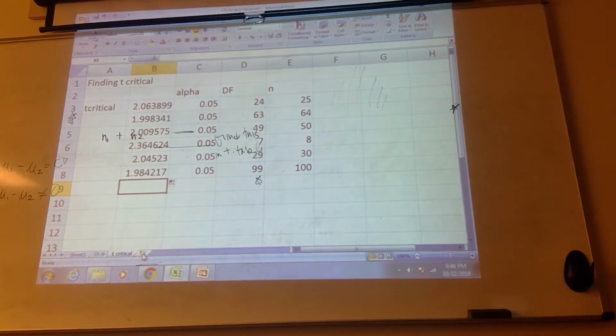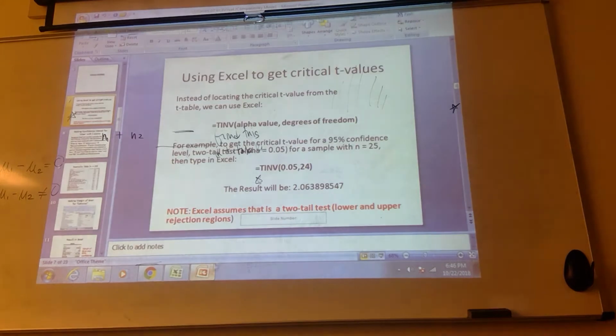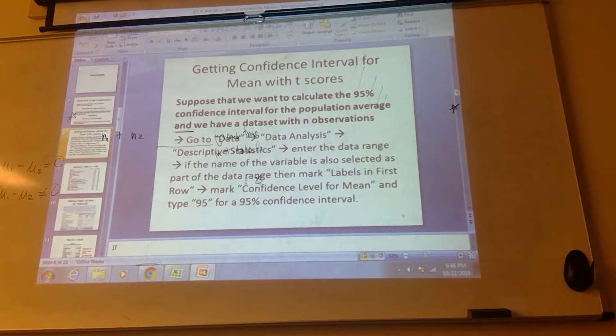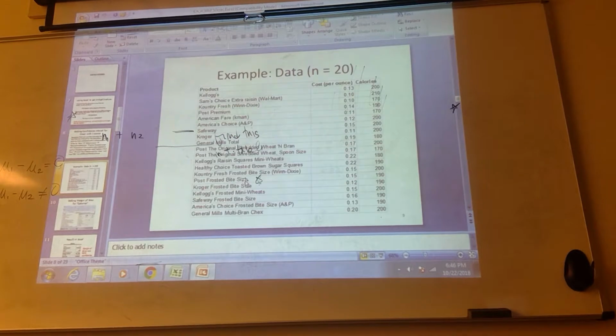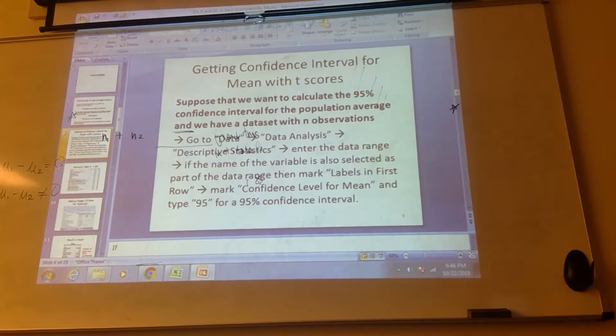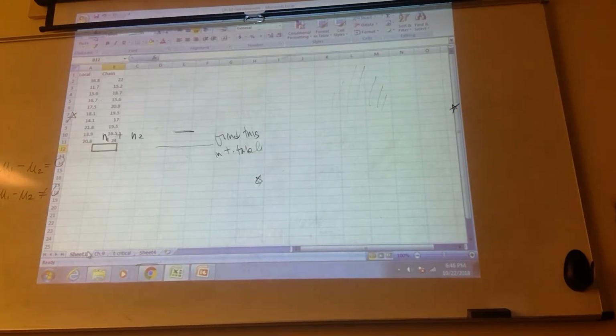All right, so let's open up another one. Now we're going to go to data analysis. We're going to get the confidence interval for the mean with t-scores. We're supposing that we have a 95% confidence interval. I do believe there is data already set here.